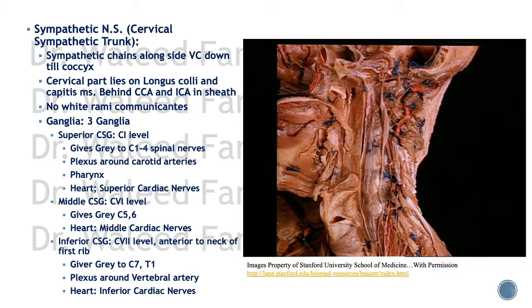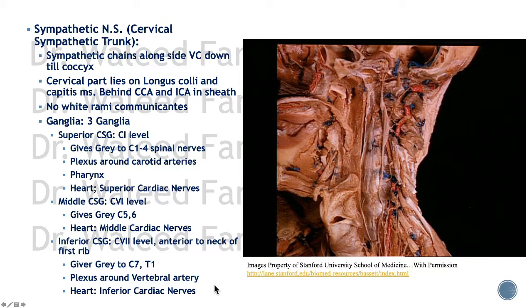The middle cervical sympathetic ganglion is present at the level of C6 and gives off gray rami to nerves C5 and C6 and gives the middle cardiac nerves going to the heart. The inferior cervical sympathetic ganglion is at C7 level and anterior to the neck of the first rib.